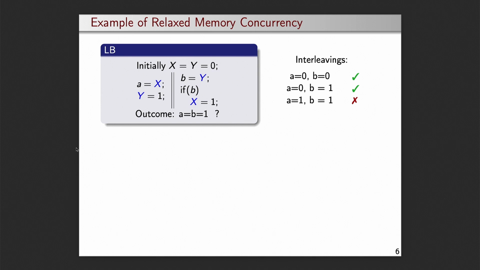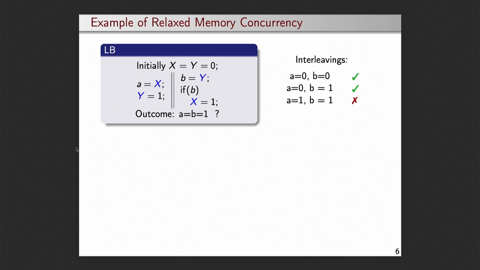If we go to the second outcome, a equal to 0 and b equal to 1, the first thread executes first, so x reads the value 0, y is set to 1, and then the second thread runs, so y reads the value 1, and b is non-zero, so x equal to 1 can be written.